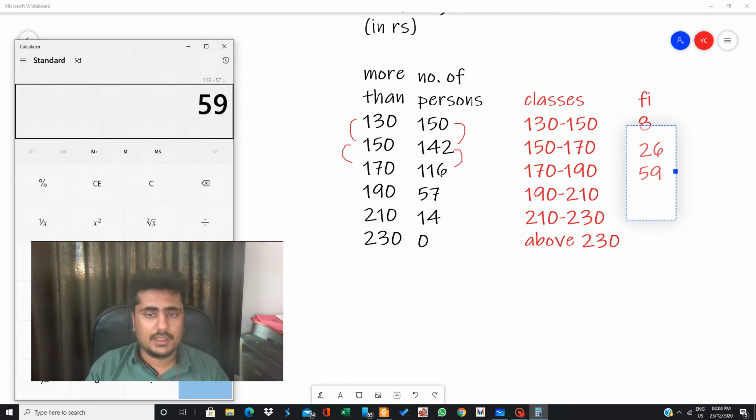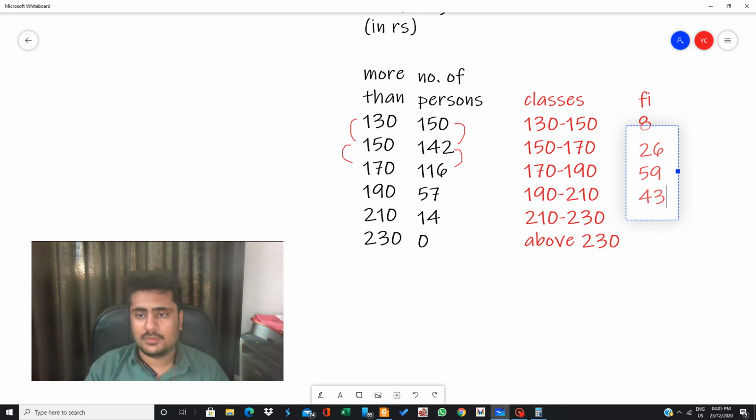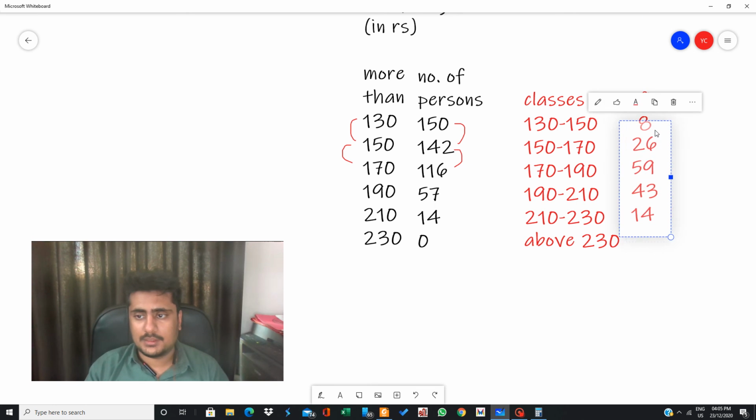For 190 to 210, the gap is between 57 and 14. For 210 to 230, the gap is between 14 and 0. So you didn't get the last class, that is above 230. It's fine if you don't want to write that last class, because obviously there is no digit.